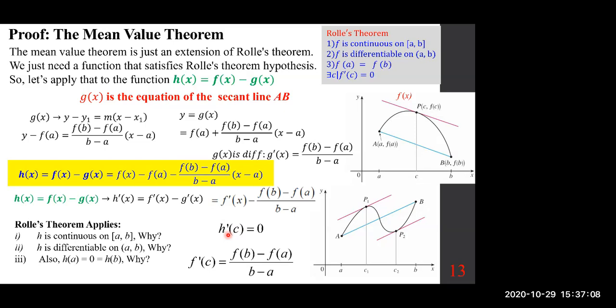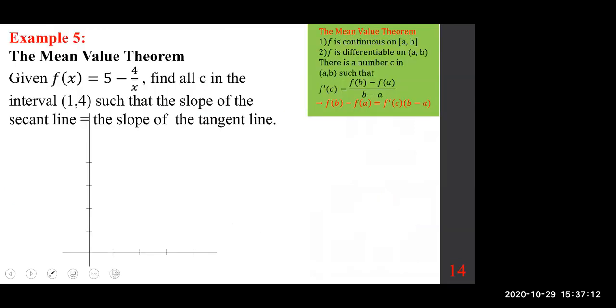Okay, let's look at some examples of that. The mean value theorem we're going to use here. If the function given is 5 minus 4 over x, we want to find all c in this interval such that the slope of a secant line equals the slope of a tangent line, meaning this one.